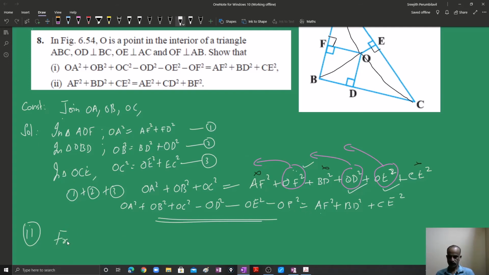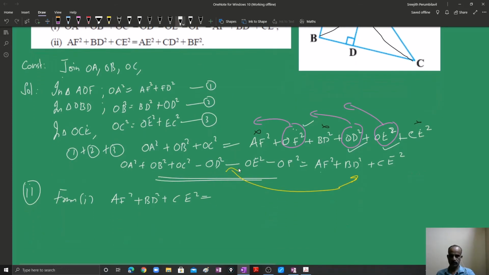From the solution of the first one, we have AF square plus BD square plus CE square is equal to, I am writing interchanging these two. Hello, my dear friends, these two I am interchanging, this to that side and that to this side, to avoid confusions at the end.